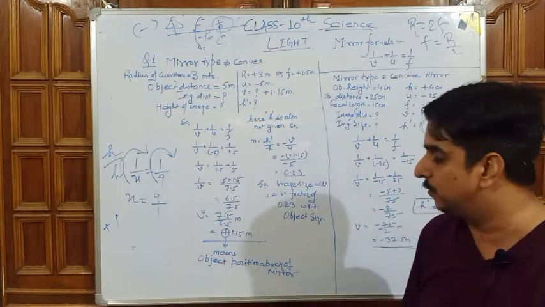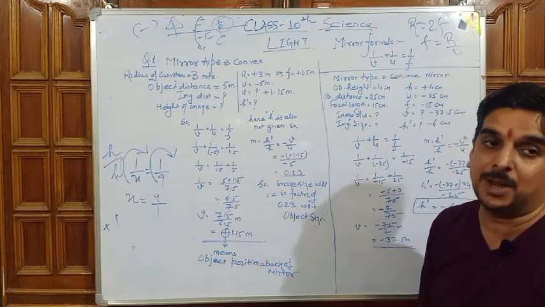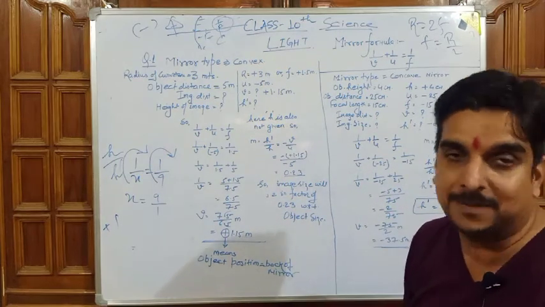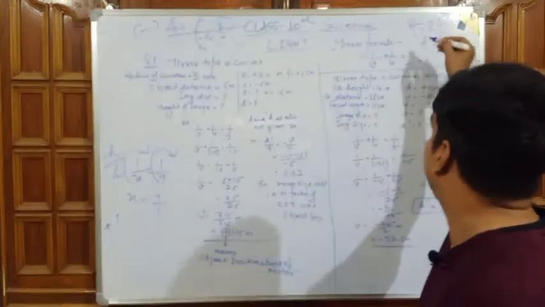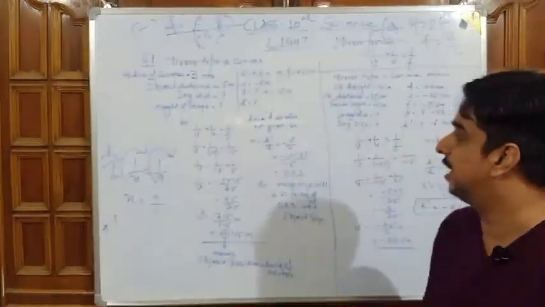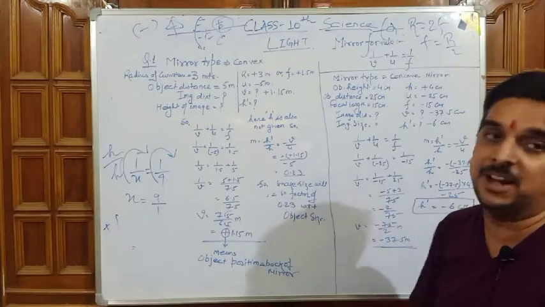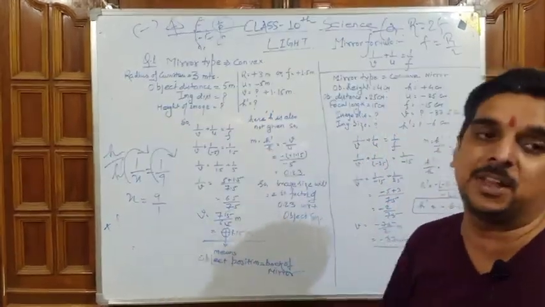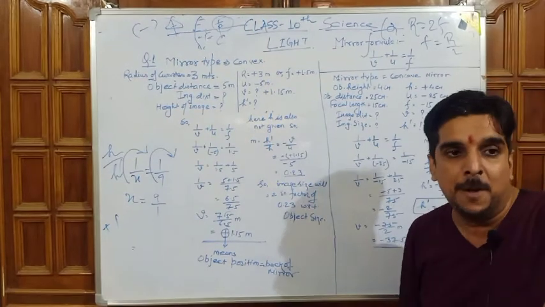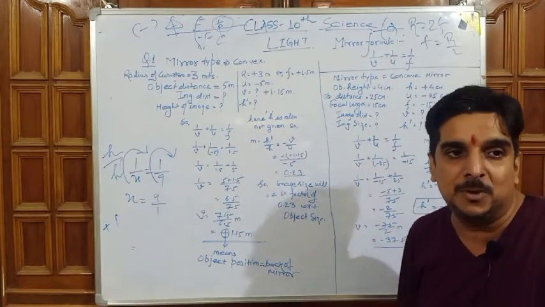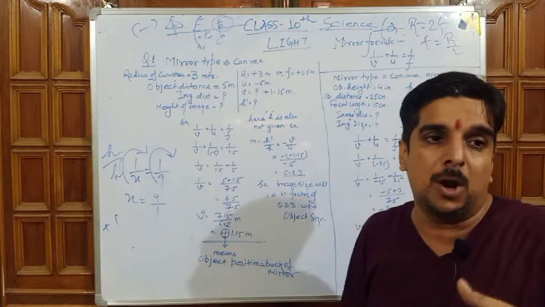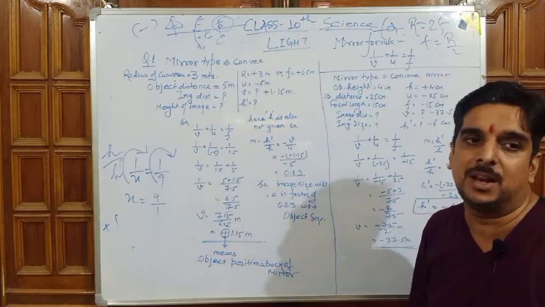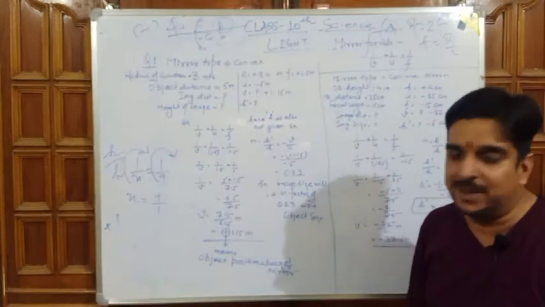Plus 1.15. So इसका मतलब क्या हो गया? Plus 1.15 means what? Yes, the image will be on the back side of the mirror. Why? Because here the sign is positive. So by the help of that, you are easily seeing what the role of the plus or minus sign is in front of the magnitude given for the numericals of concave or convex mirror.